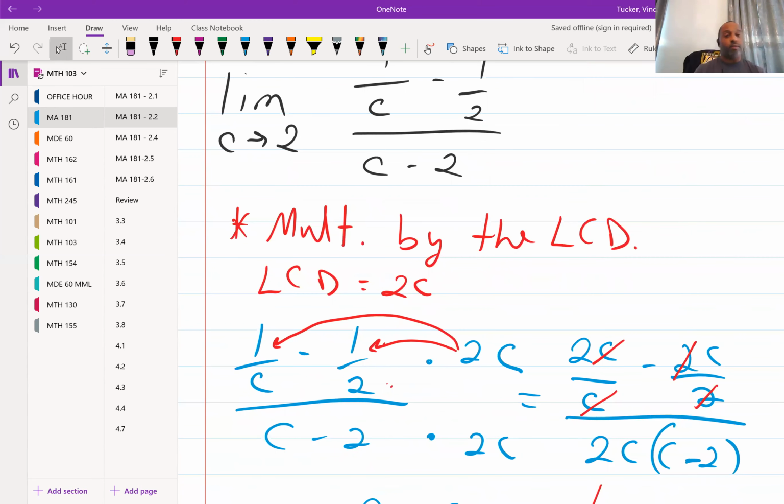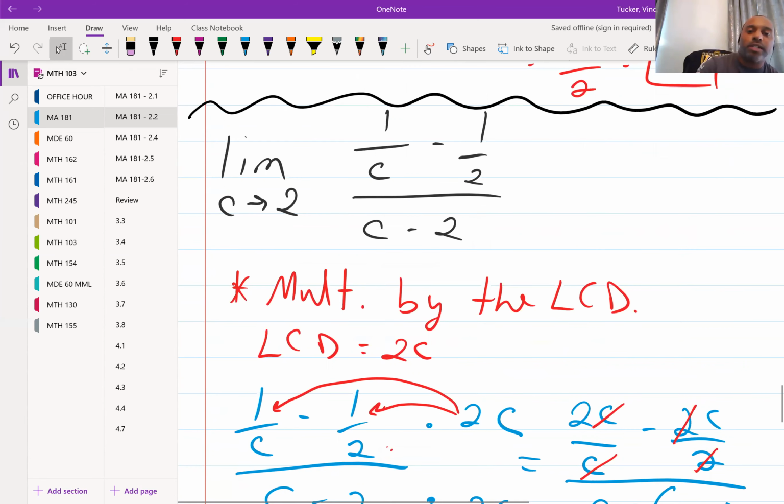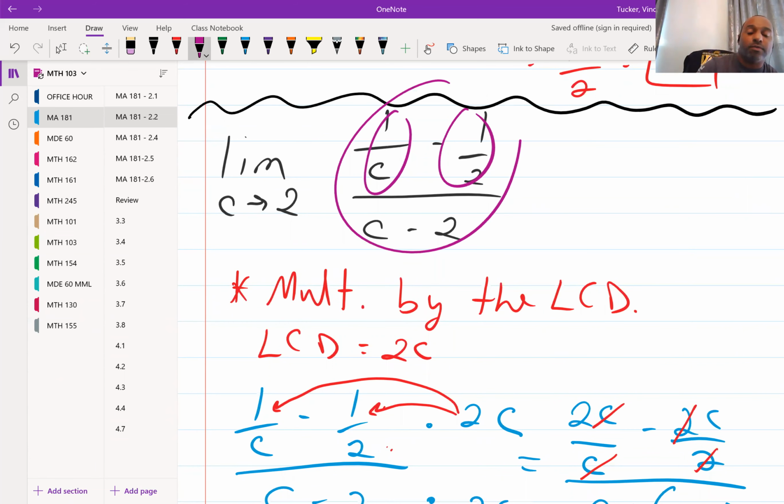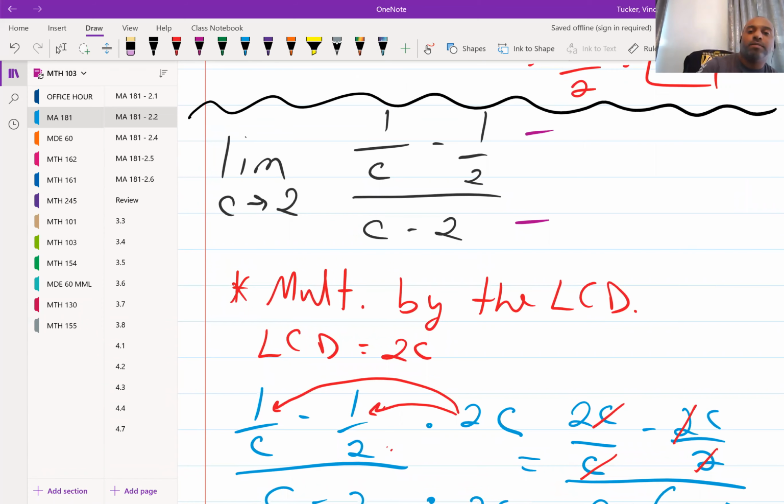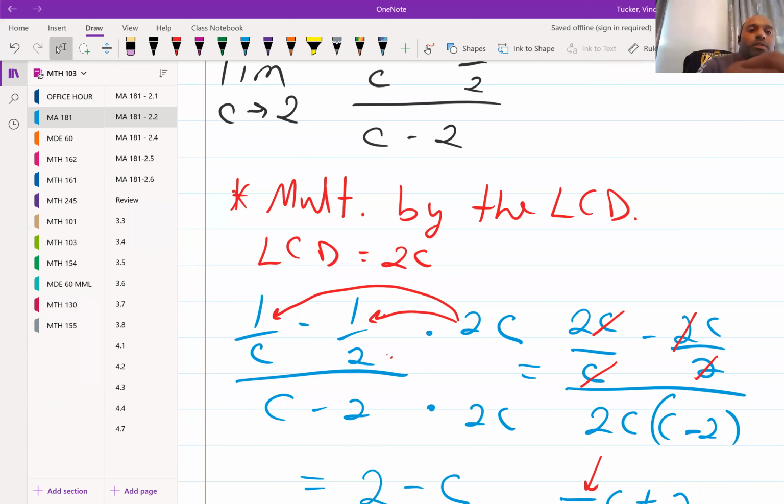Or if you want to look at it the way of multiplying the big fraction, because we have a small fraction here, and then this is the big fraction, the whole fraction. So we're multiplying the top and bottom of the whole fraction by 2c, which means we'll have to hit each numerator.